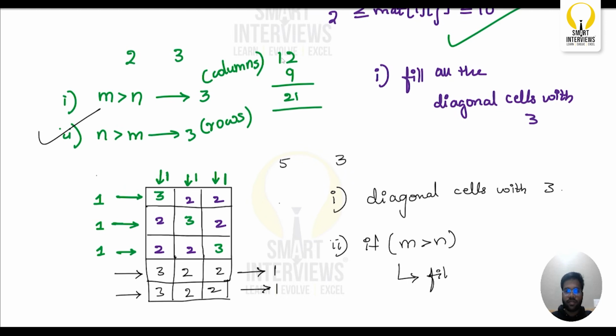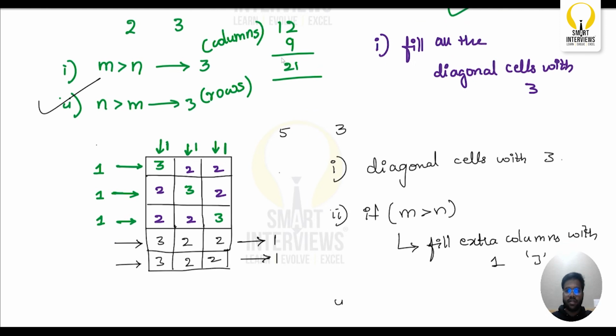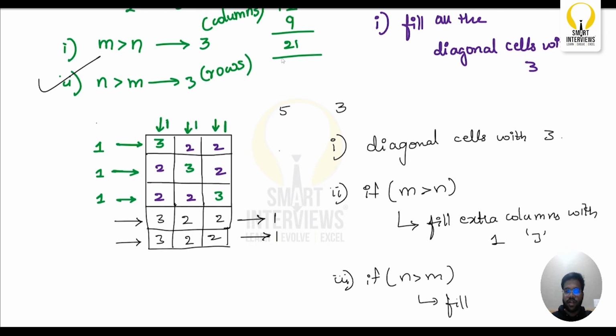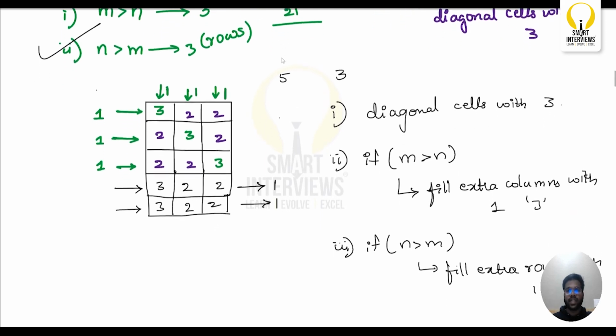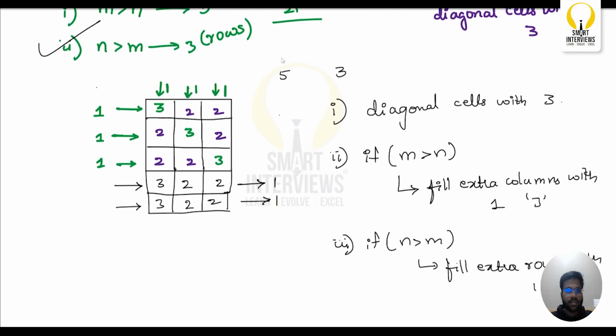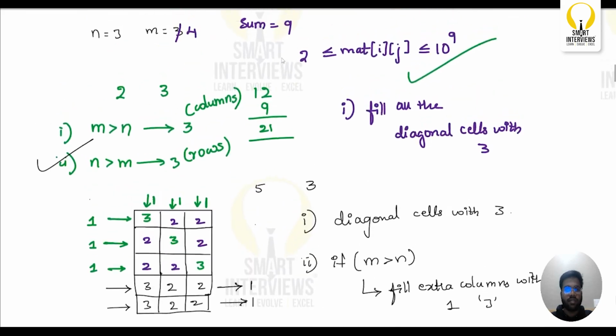We will fill the extra columns with at least one 3. Similarly, if the value of n is greater than m, what will you do? You will fill the extra rows with one 3. That's it. And after generating the matrix, you will print the matrix. So this is the overall observation that we have made.